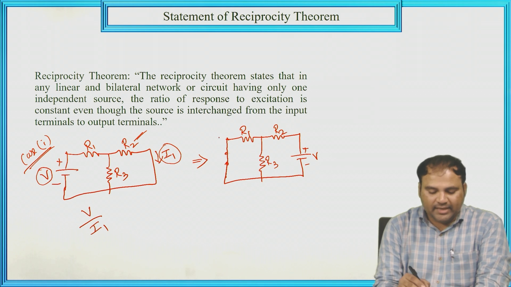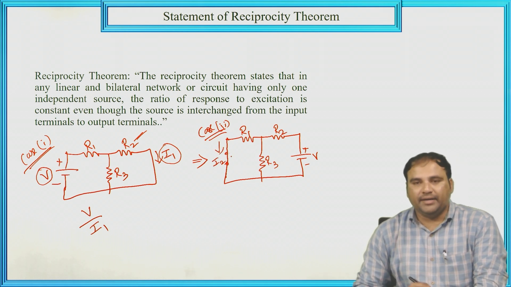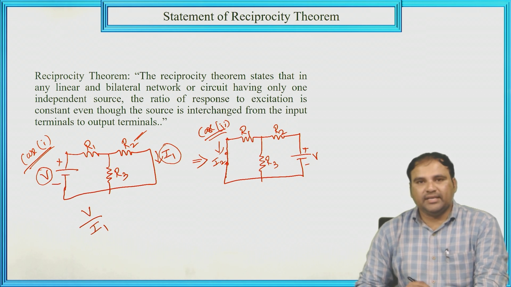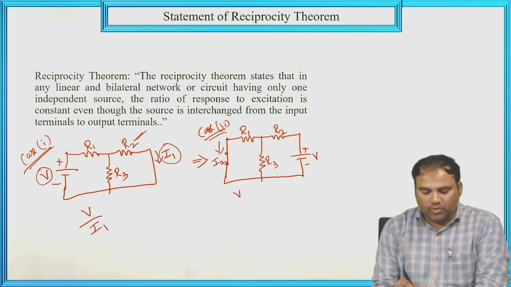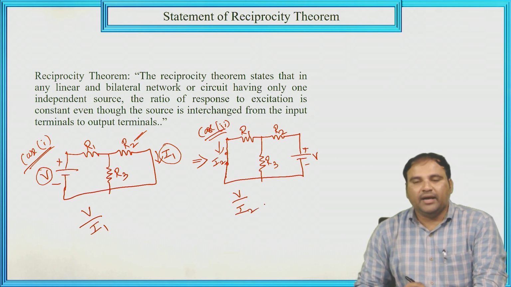In this case 2, we find the current through the R1 resistor, which I am taking as I2. Here also we find the voltage and current ratio, that is V divided by I2.